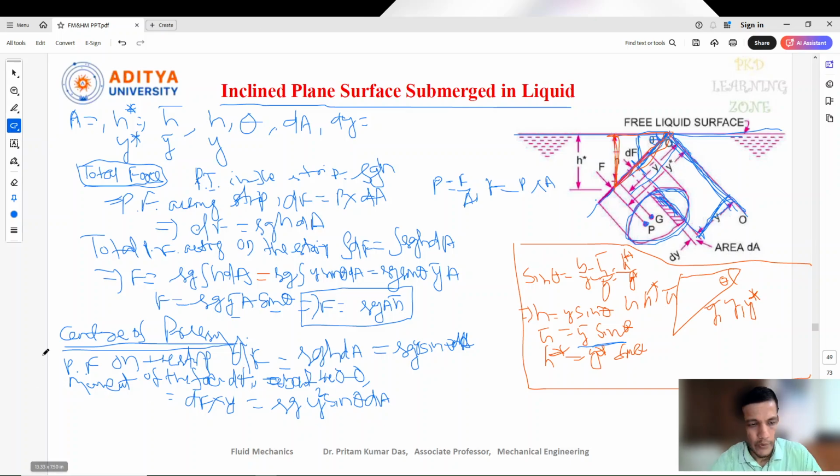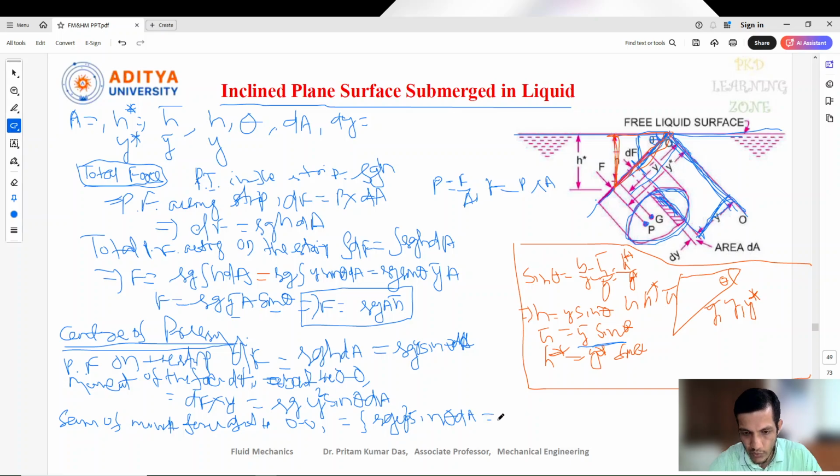Now again we need to find out the sum of moments, or the total moment of force, about the axis OO. Just integrate this: integration of rho g y square sin theta dA.